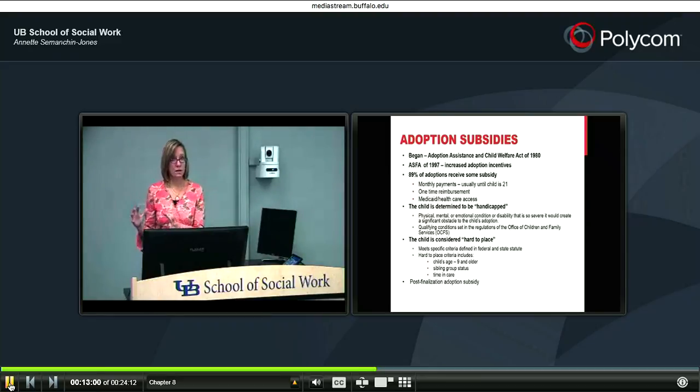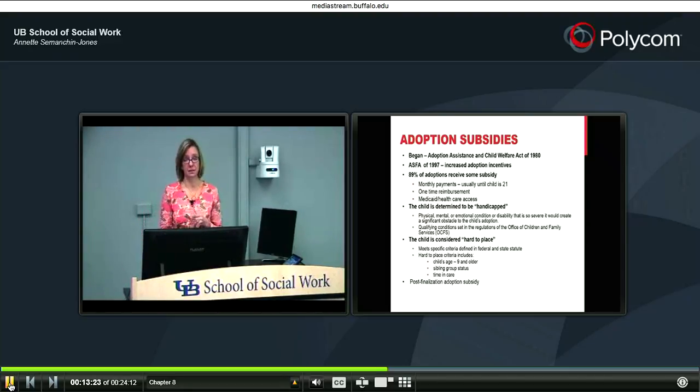So that's one criteria. The other criteria that could be met is that the child is considered hard to place. This is where we see that number rise dramatically, the 89%. For a child to be considered hard to place, that includes the child's age, and currently 9 or older is considered hard to place.